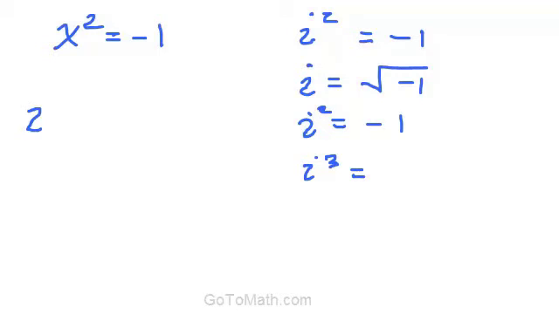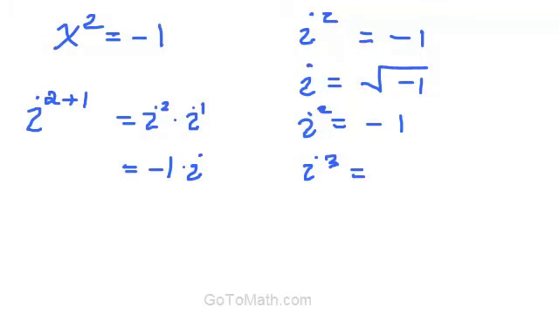We can use these two right here. i cubed can be written as i to the power 2 plus 1, which is i squared times i to the first power. We know i squared is negative 1, and i to the first power is just i.